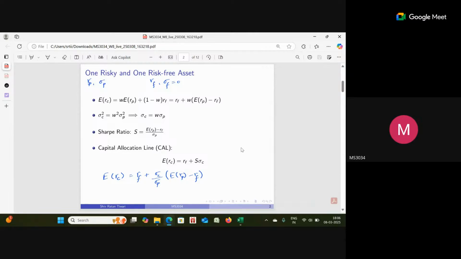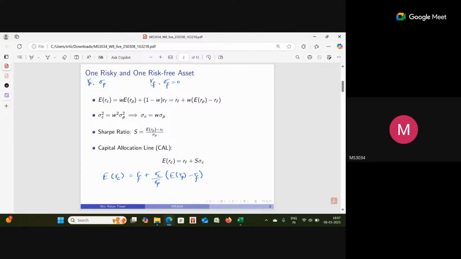So the first case in our portfolio theory is if you are an investor and you have only two assets available to you, one risky asset and one risk-free asset. The risk-free asset is the one which has no variation, which has a sure short return.